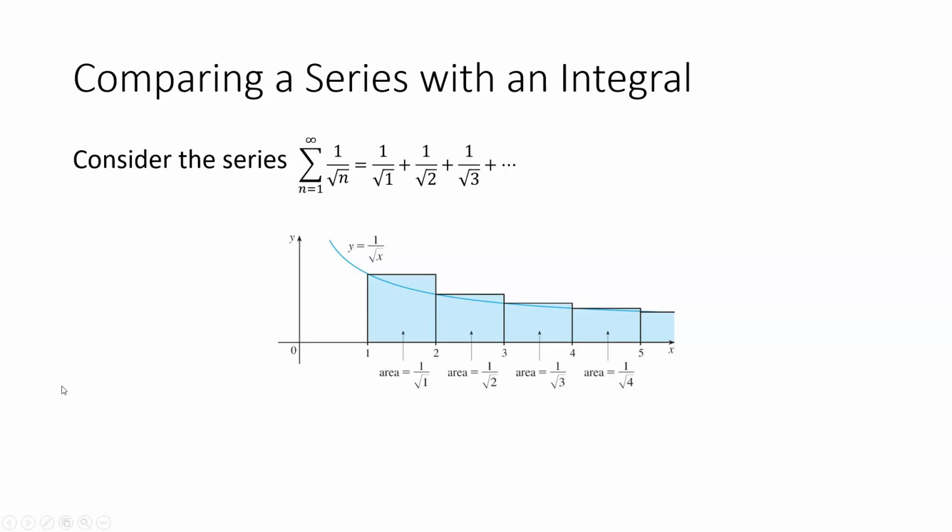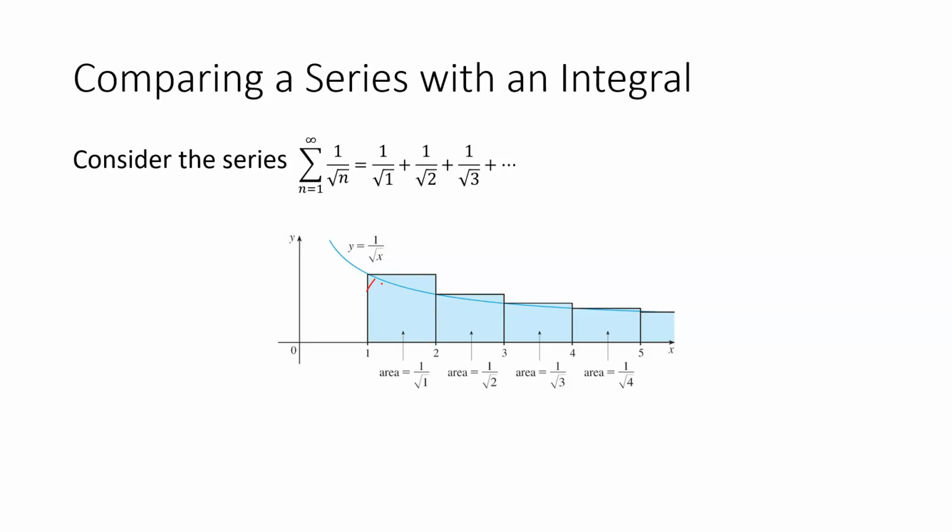Let's look at it in a different way. Let's consider the series 1 over the square root of n. Again, we can visualize this graphically with a bunch of rectangles whose areas are equal to each term of the series. If I compare this with the area under the curve from 1 to infinity, notice that the way we've drawn the rectangles is a little different now, because I've drawn them above the curve.